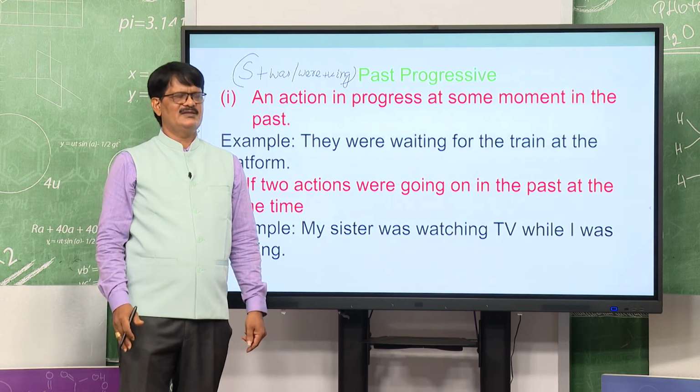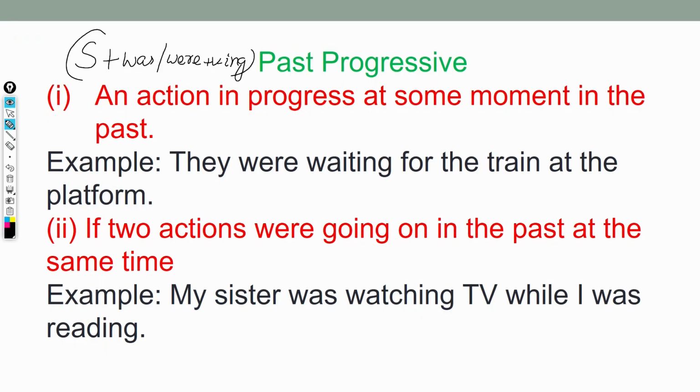And the next rule is, if two actions were going on in the past at the same time. This is important from the examination point of view. Okay. Second rule, remember: my sister was watching TV while I was reading.